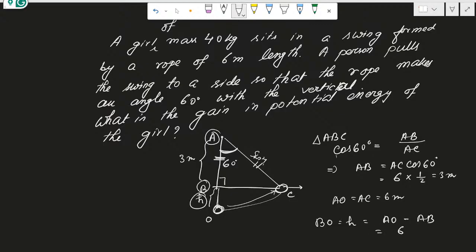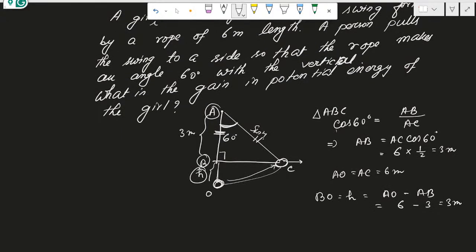AO is 6 meters, AB we got 3 meters, so it is again 3 meters. So the height is 3 meters. Therefore, the potential energy gained by the girl is mgh, with h as 3: 40 into 9.8 into 3, so 1176 joules. This is the answer.